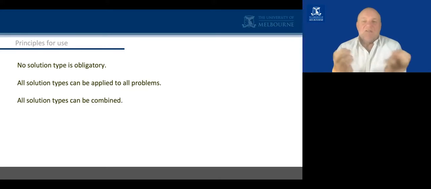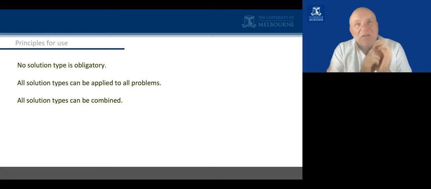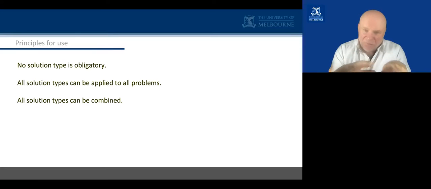Often you can combine solution types. Okay, so for example, here's an example from Newmark. You've got an administrative unit in German called a Gemeinde. A Gemeinde is like a municipality, I suppose, but it's not quite the same thing.